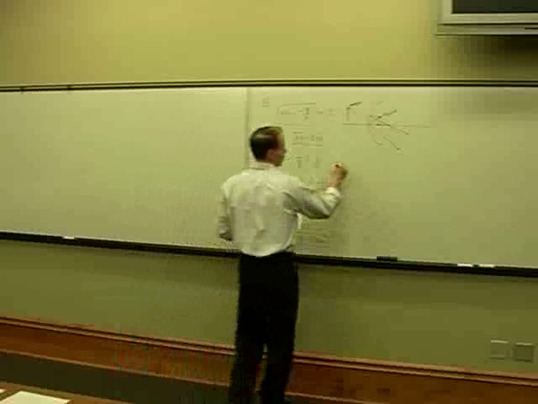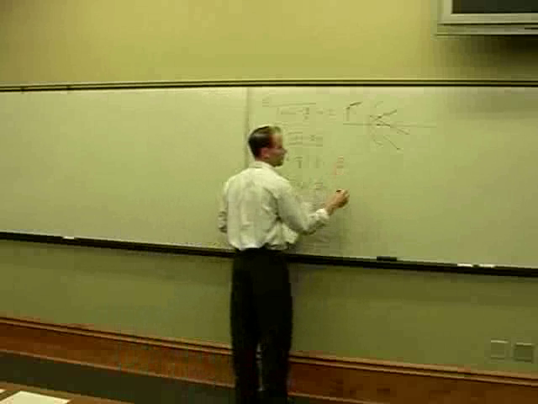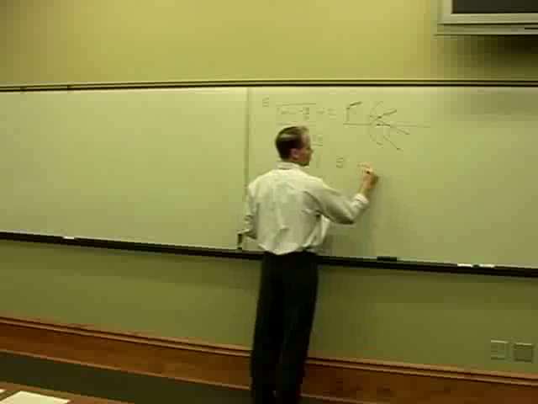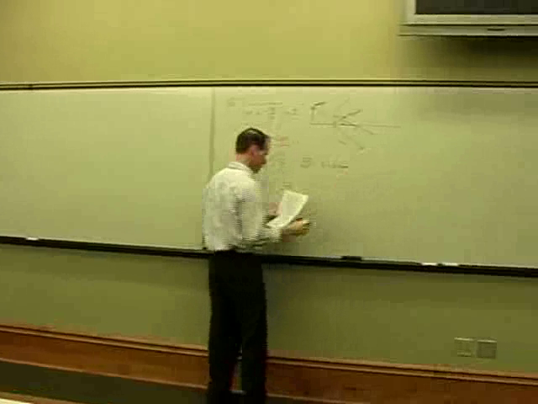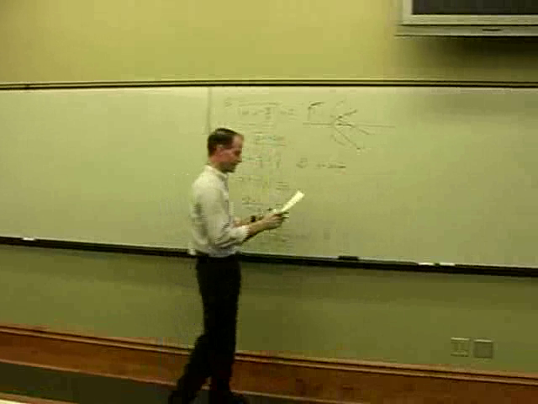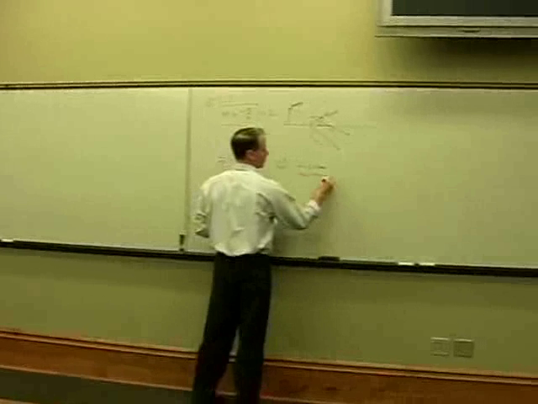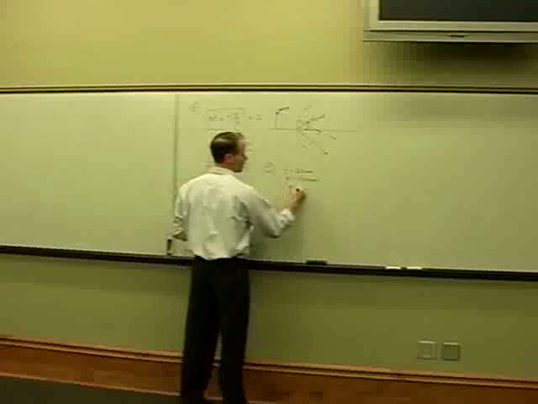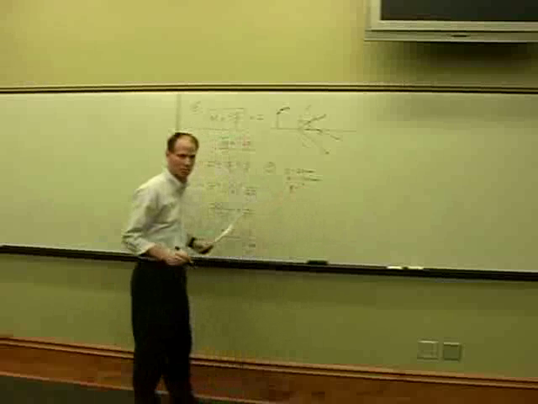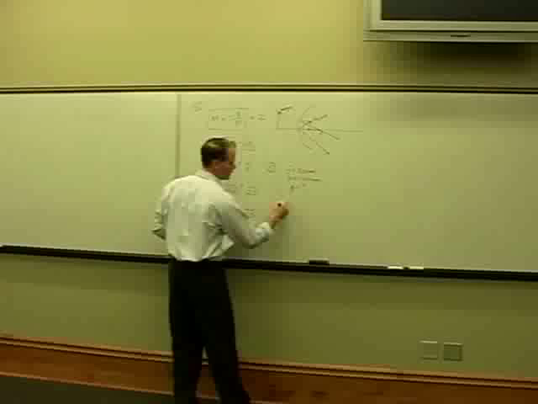Problem number 5. The concave mirror has a focal length of 20 centimeters. What is the magnification if the object's distance is 100 centimeters? All right, so we're given in this problem that the focal length is 20 centimeters and the object's distance is 100 centimeters. And we want to find the image distance, so we're going to apply the mirror equation.